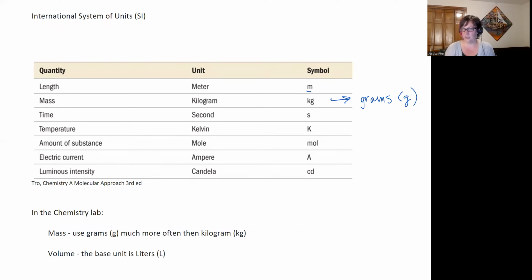Temperature will be Kelvin. I don't know if you've ever heard of this one. We'll talk about it in its own separate video, but we'll work in Kelvin. Amounts of things will be in moles. Electric current, which won't really be a part of this class, would be an ampere. Luminous intensity, again, not really part of this class at all, would be a candela. I can never say it.